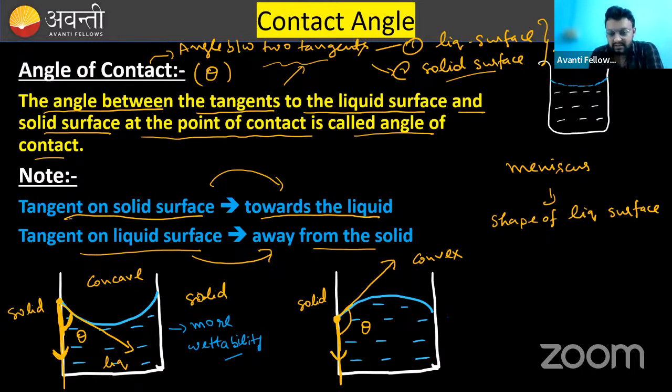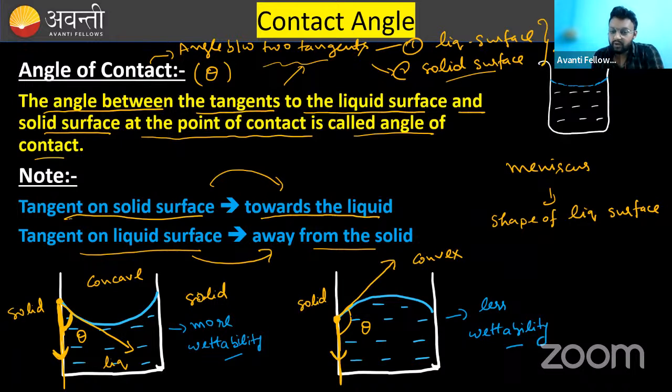And in this case, you can see the liquid is not rising, it's just falling. And if it's falling, it's not sticking to the solid surface. So there is less wettability.